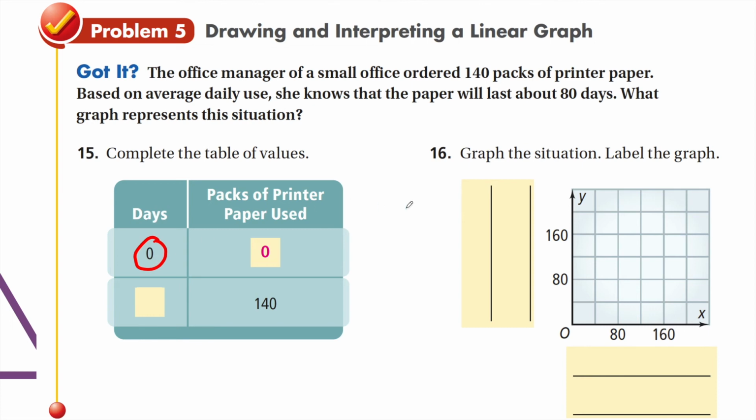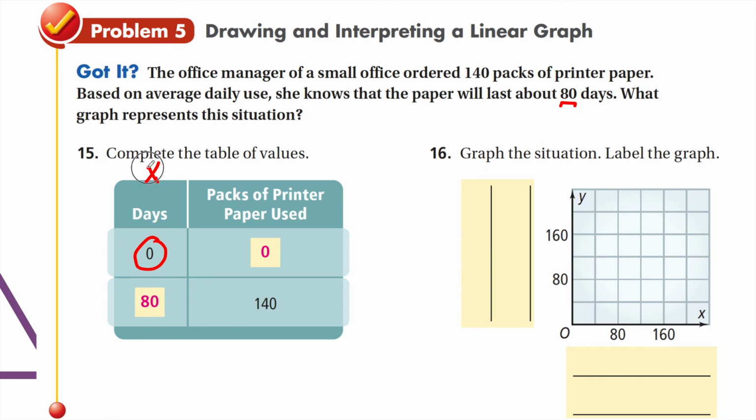However, if we're talking about after 80 days, clearly she understands that after 80 days, we're going to be going through 140 packs of printer paper, because that's how many she ordered, and she's doing it based off of the average daily use. So I know that 80 will be right here, and for every 80 days, about 140 will be used.